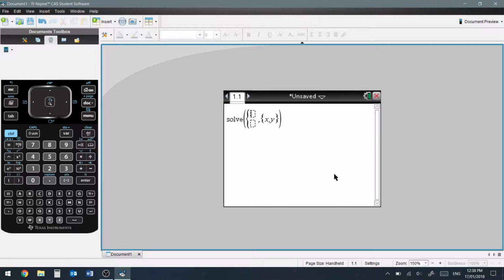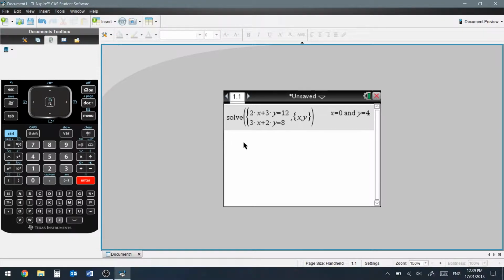So you hit OK, and then you'll see something like this. Now we need to just put the equations in. Might as well put in the example that we had before, 2x plus 3y equals 12, and in the second one we had 3x plus 2y equals 8, and then we just hit enter, and you can see x equals 0 and y equals 4.